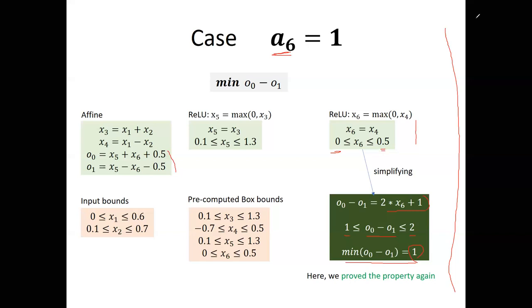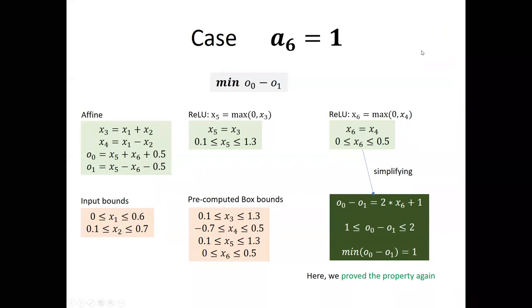So if you can prove that you're not in the crossing ReLU scenario using a convex relaxation like the box or some other relaxation, then you don't have to generate these splits and you get fewer instances to work with and potentially more scalable verification, being able to handle larger models, okay?